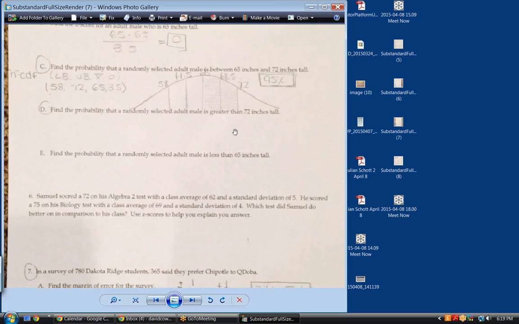Okay, and then we have the, what's it called? There's a rule, the 99, 95, 68 rule. Yeah, I think so. 99.7, 95, 68. Now what that means is that 68% of the data will fall within 1 standard deviation. Okay?